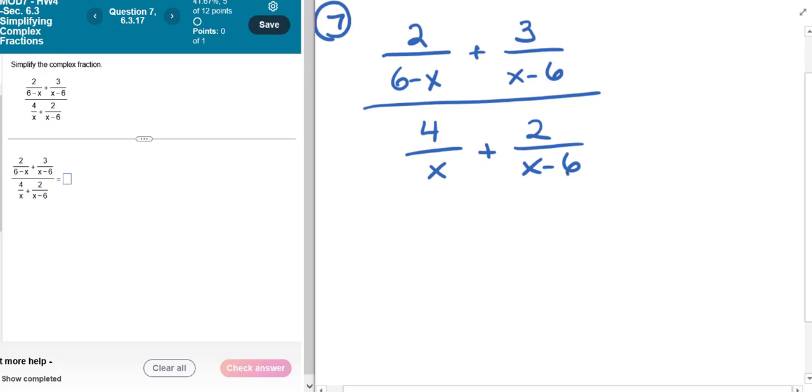So this one is involved. We're going to pick our LCD. And these two are opposites. Remember that you could use either one of those for the common denominator. You do not need both. So let's choose x minus 6. We also have to have this x because it is a monomial. Right, and that's what we're going to multiply by each piece. So we have x times x minus 6 by each one.